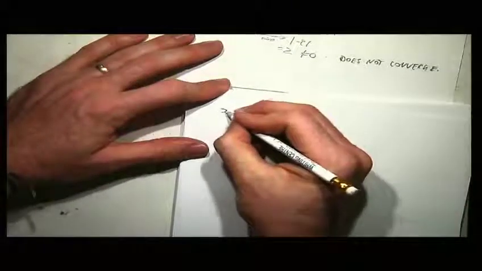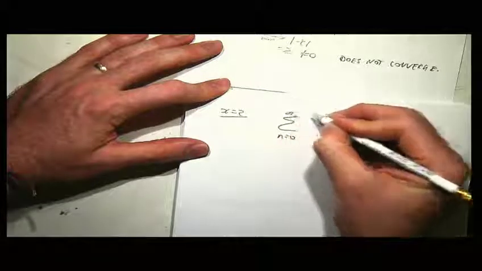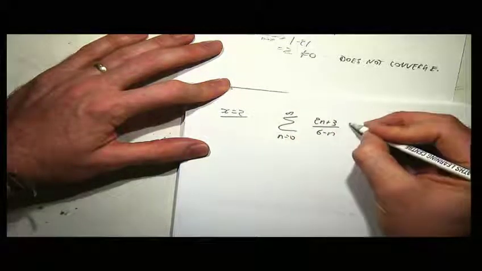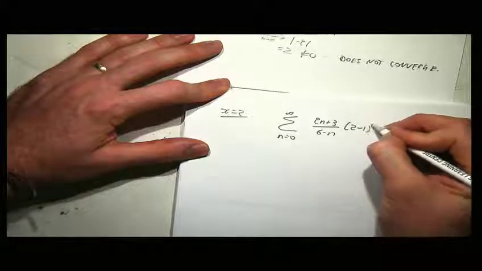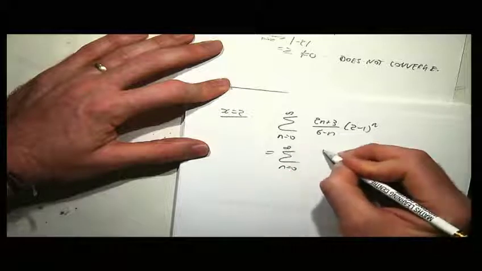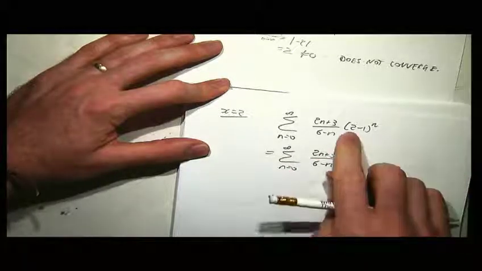When x equals 2, we get this. Because 2 minus 1 is 1, and 1 to the power of n is 1. So we get this. And again, that's going to have the same trick happen to it.